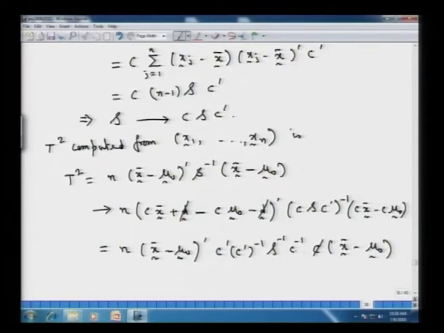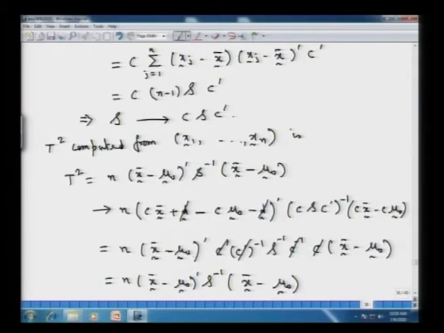This C into C inverse gives an identity matrix. This C transpose into C transpose inverse also gives an identity matrix. So, what we are left with is n times (x bar minus mu naught) transpose S inverse (x bar minus mu naught). Now, what is this quantity?